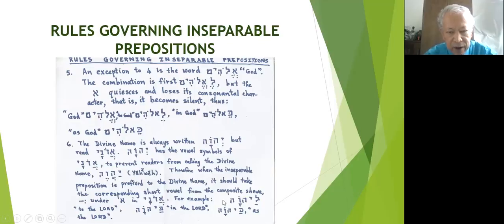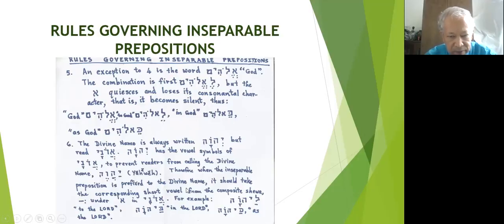So instead of following these vowels, what is done is to follow the vowels of Adonai, which is read in place of Yahweh.